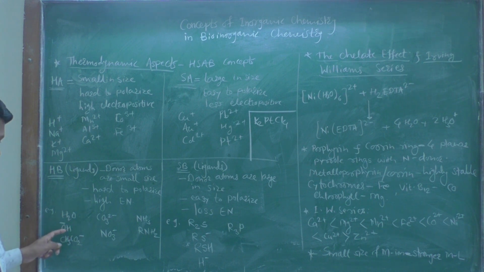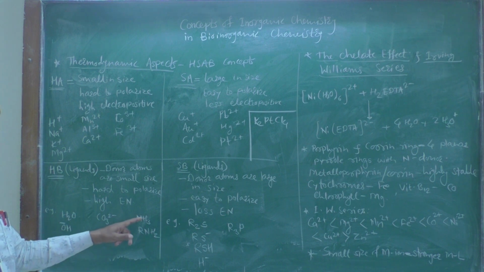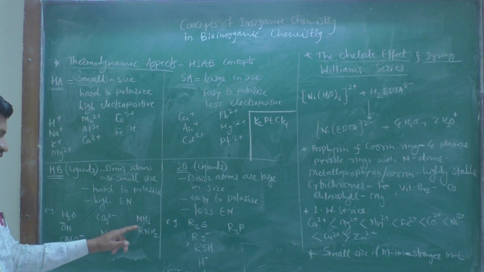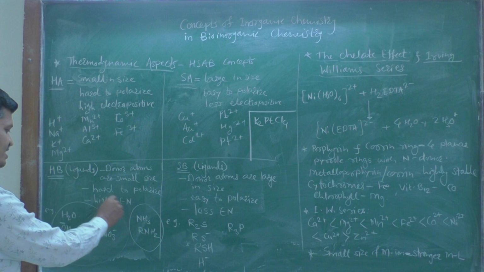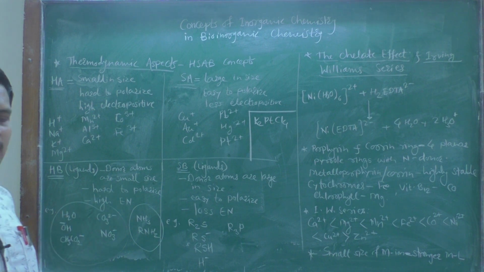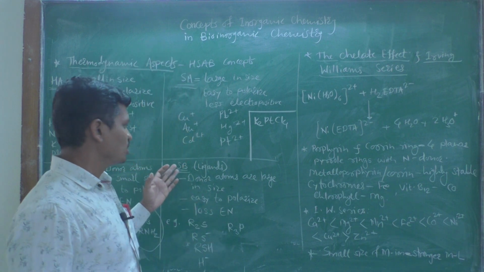Water, OH minus, then carboxylate anions CH3COO minus, carbonate anions CO3 2 minus, nitrate anions NO3 minus, then ammonia and primary amines. Here the donor sites are nitrogen atoms. In all the other examples the donor sites are oxygen atoms, which are highly electronegative and hard to polarize.